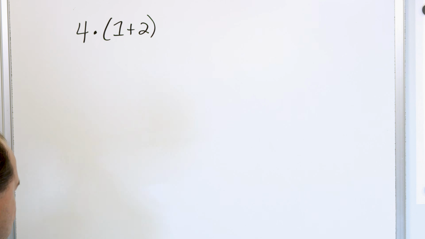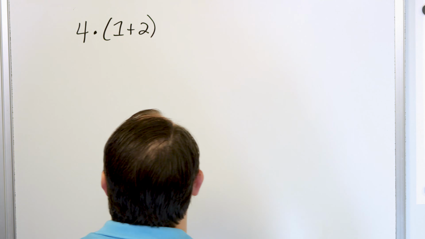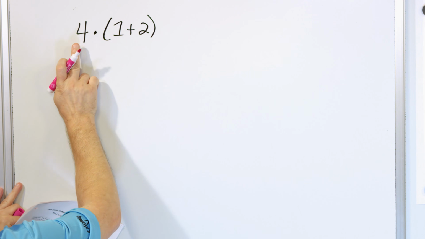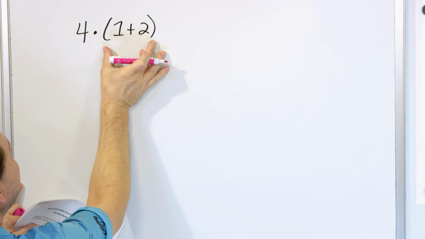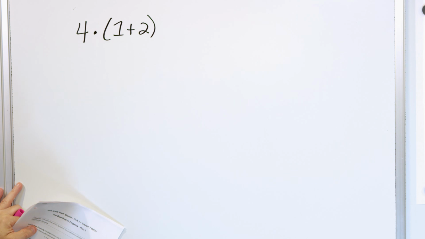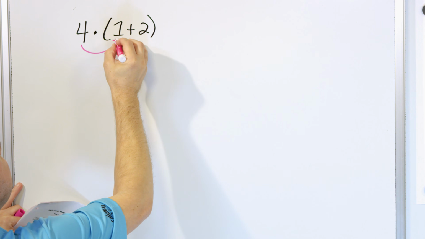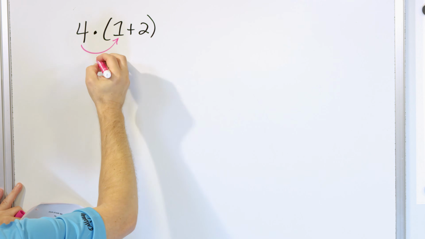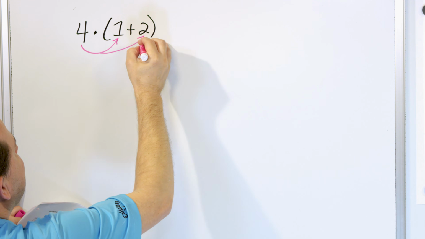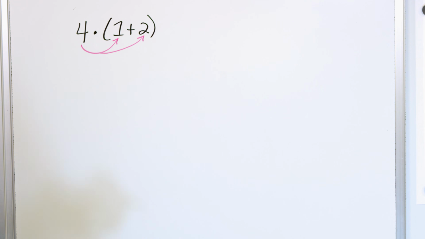All right. Now what we're saying with the distributive property is that when you have a number or something times a parentheses with things added or subtracted on the inside, then the 4 can be distributed in and multiplied times the 1, and then also distributed in and multiplied times the 2. Whatever is on the inside gets multiplied by whatever is on the outside.